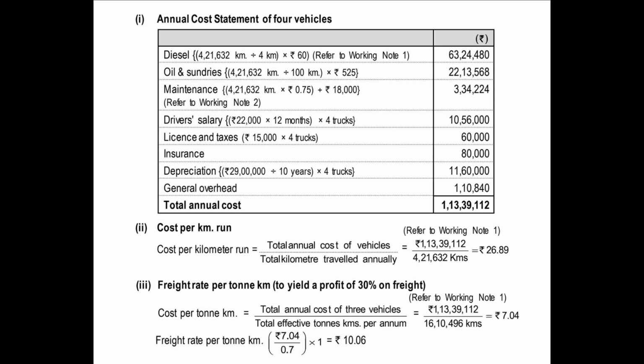7.04 rupees. That means the cost is equal to 70%. That means 70% is equal to 7.04. So 100% is what? That should be called freight here. So freight rate per 10 kilometers is equal to rupees 7.04 divided by 70%, or 0.7, into 100 or into 1.